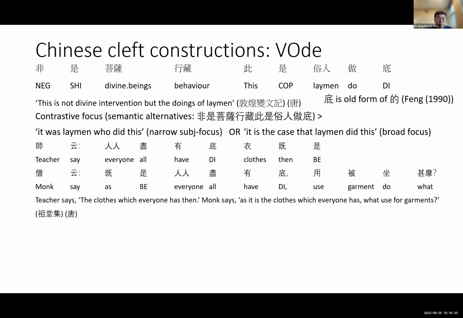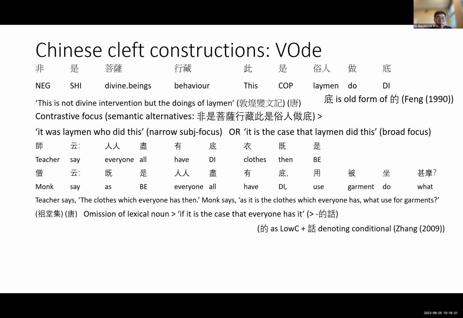Or this one in 古尊宿语录, another text from the Tang Dynasty. 是云人人皆有的一即是，赠云即是人人皆有的. What's interesting here is that the lexical noun is omitted: 人人皆有的一，即是人人皆有的. So 一 is omitted.